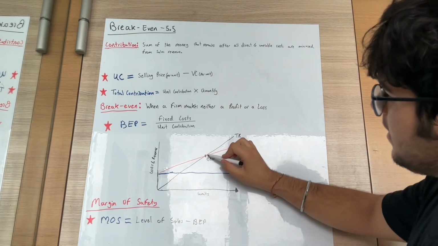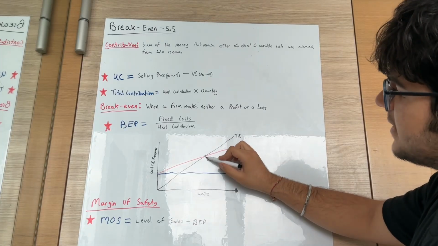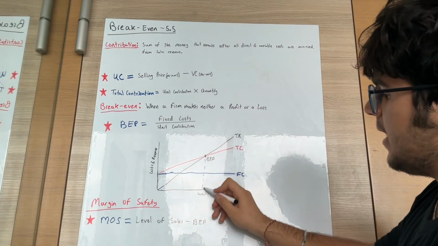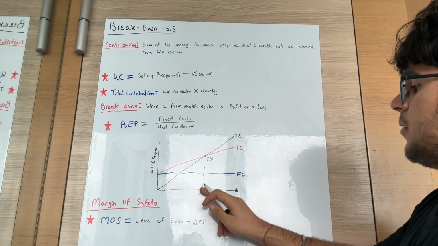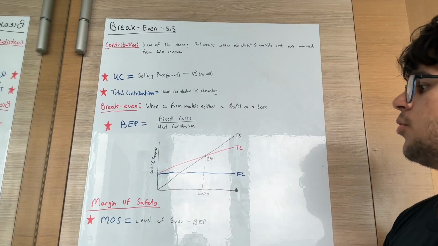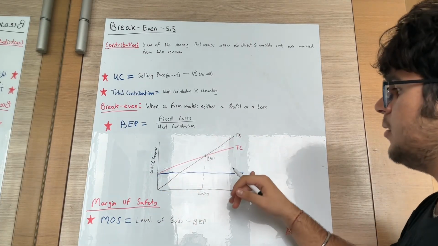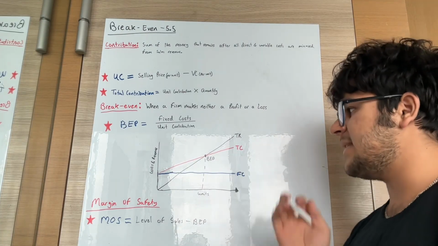So that point where your total cost and your total revenue intersect, that is your break even. So that would have been 100 bags of milk, okay? Remember, you always have to label the three lines 1, 2, 3 and label your break-even point. Point it out.